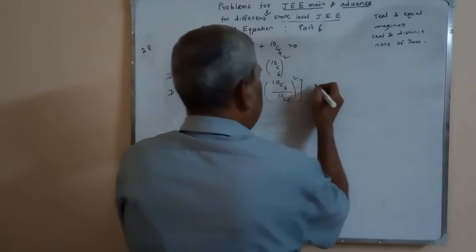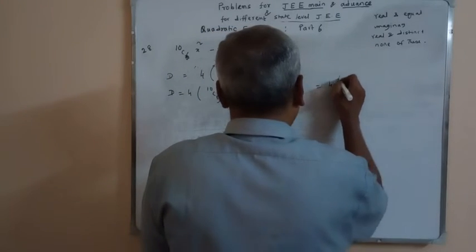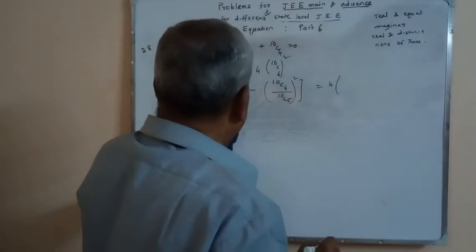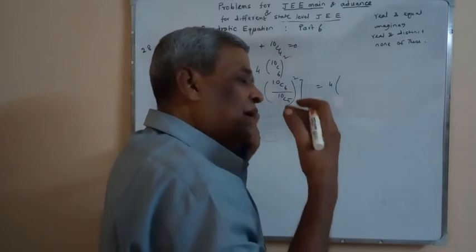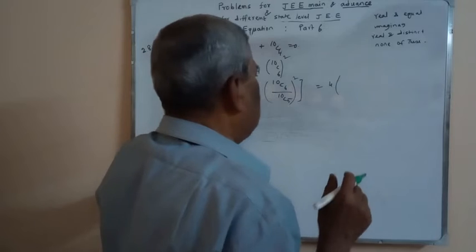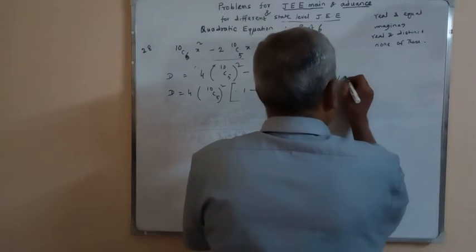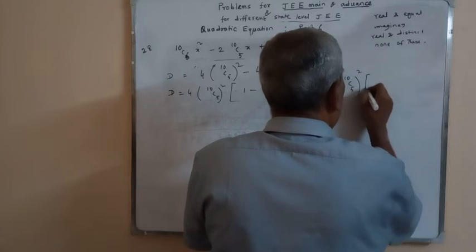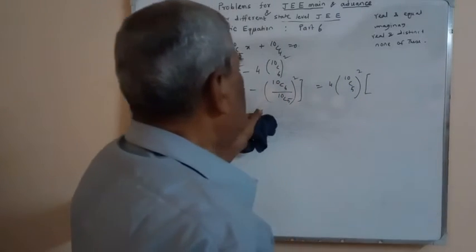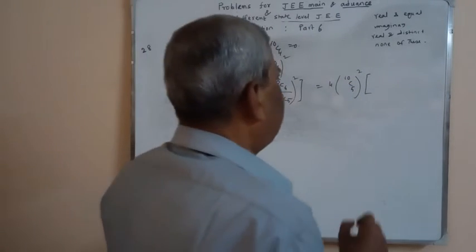Is equal to 4 into, you see, 10c5 whole square, which is always positive. Now we have to see whether the other factor is positive or negative.